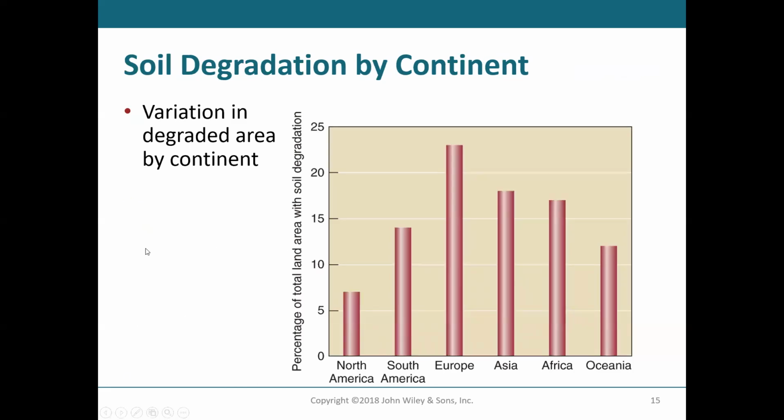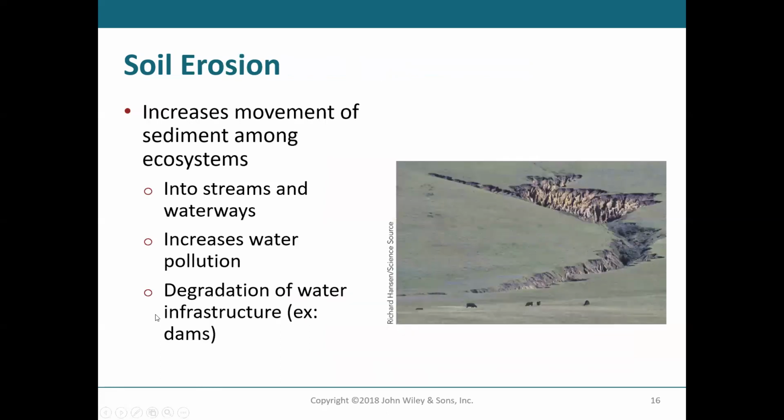As you can see here, variation in soil degradation is widely different between continents, with Europe having a very high rate of soil degradation. And soil erosion, which I already mentioned, increases movement of sediment among systems into streams, waterways.